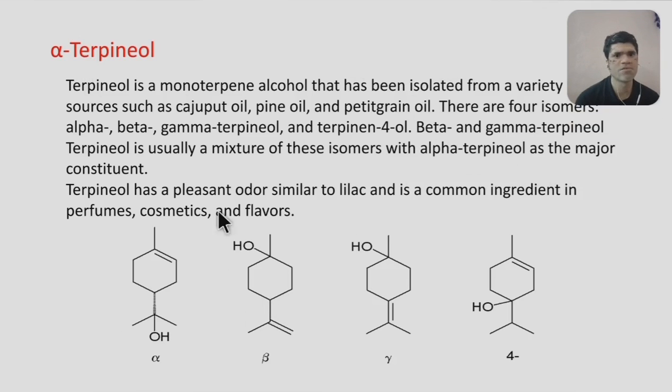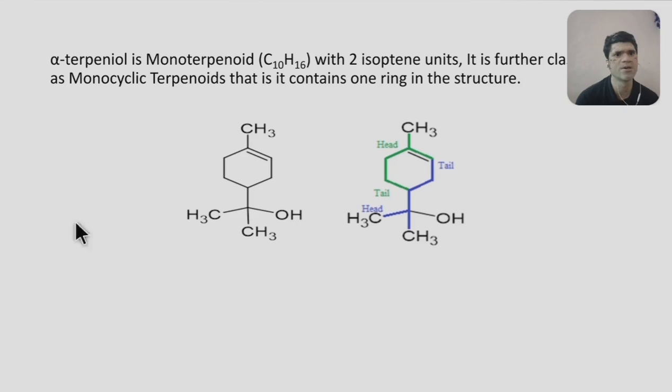So this is the structure of terpenol, and we observe that terpenol is usually a mixture of these isomers, and in this, alpha terpenol is the major constituent. You can observe here alpha terpenol is a monoterpenoid with 2 isoprene units.